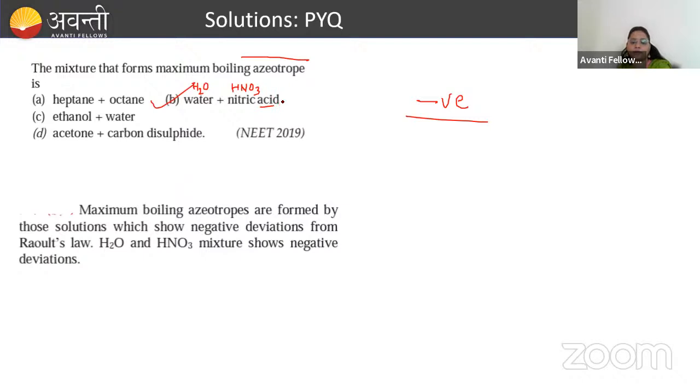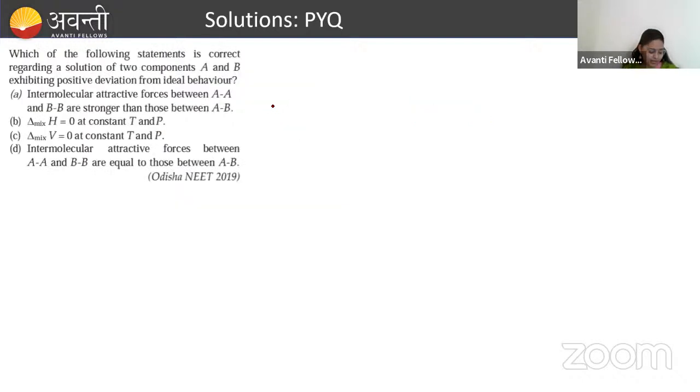Okay. Next, which of the following statements is correct regarding a solution of two components A and B exhibiting positive deviation from ideal behavior? Again, we need to find positive deviation. In case of positive deviation from Raoult's law, AB interactions should be weaker than those of AA and BB interactions.